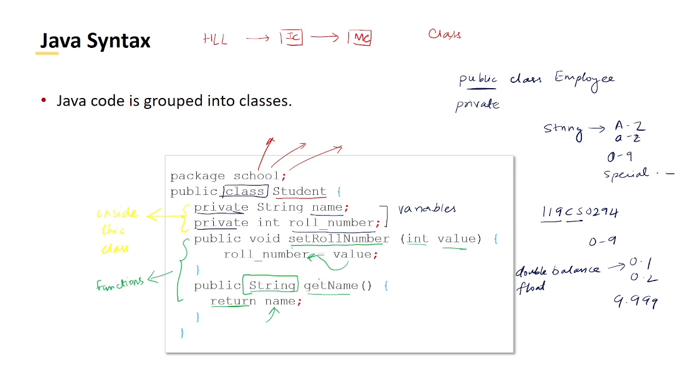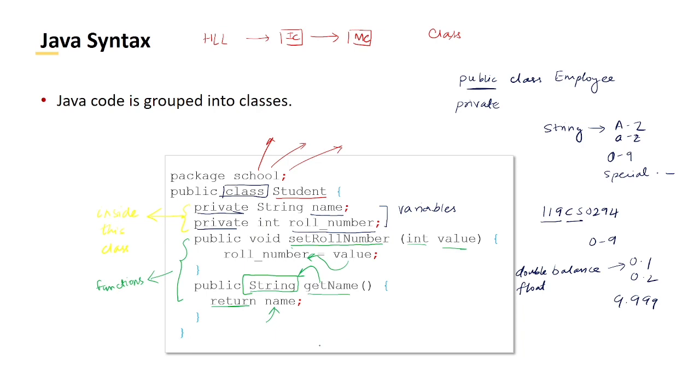Just before this we write the data type, string, meaning this get name function is going to return a string, and therefore we have written string get name. Set roll number is not returning anything, right? We don't have to return anything in set roll number, therefore we have written void. Void means it is not going to return anything.